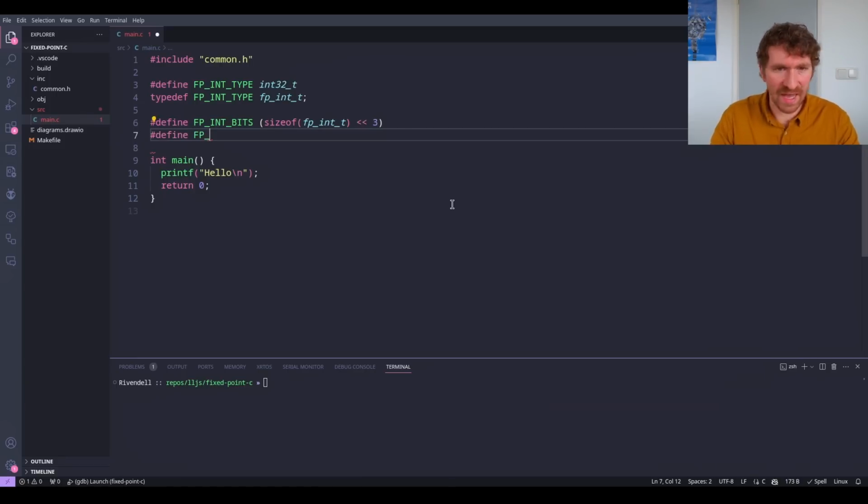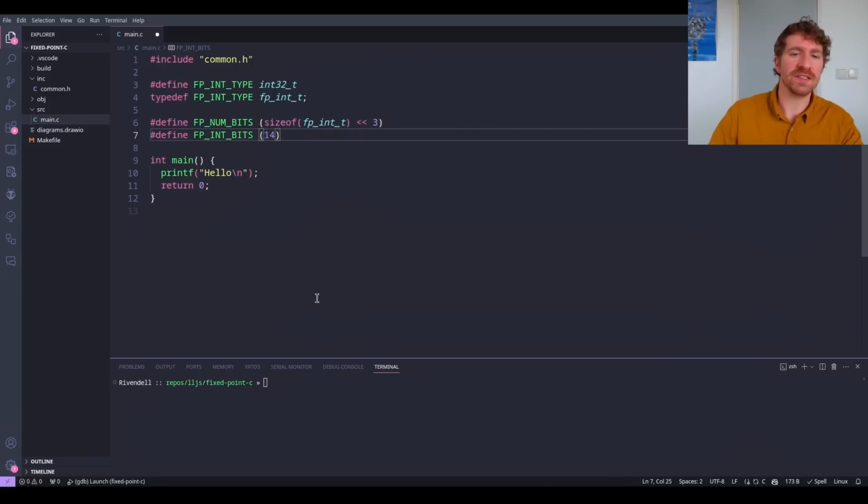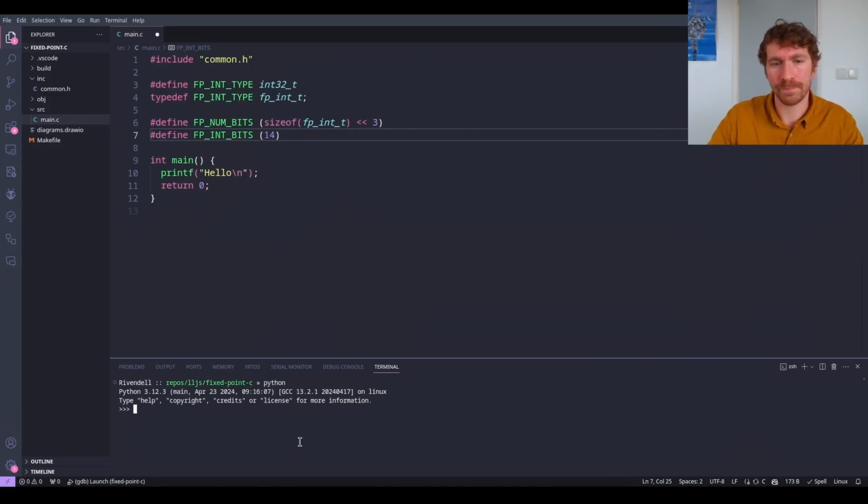Let's call that num bits. This is going to be the number of integer bits we have. Let's make this, I don't know, 14 integer bits. We have 14 bits dedicated to representing integers.